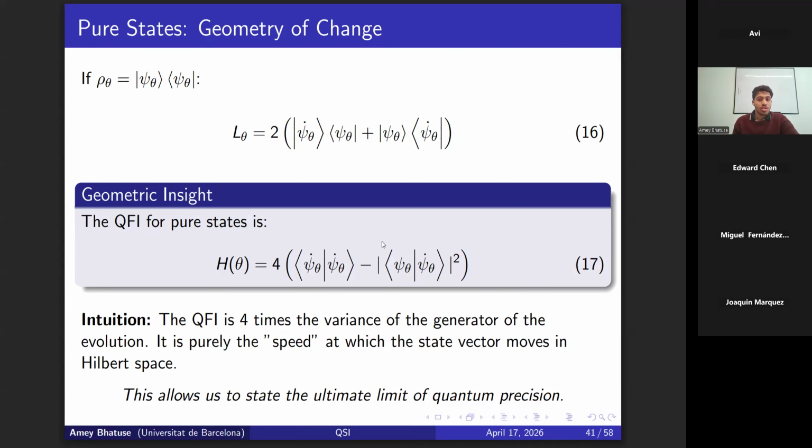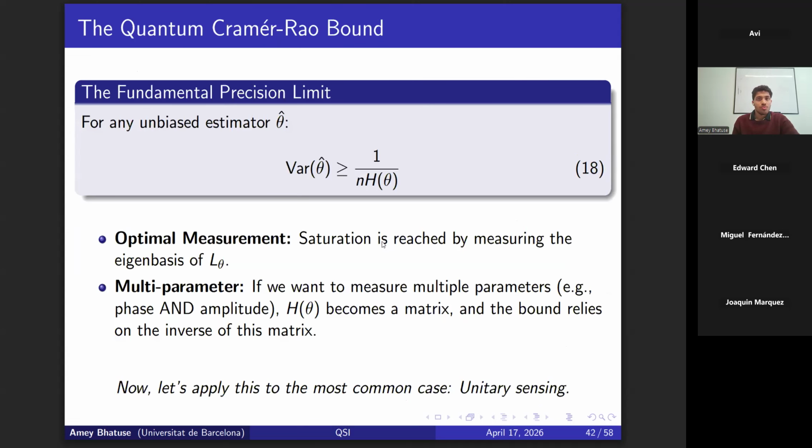This allows us to state the ultimate limit for quantum precision, which is the quantum Cramer-Rao bound, where for any unbiased estimator theta, we checked the condition of unbiasedness before, the variance of this estimator should be greater than or equal to 1 upon n times the quantum Fisher information.